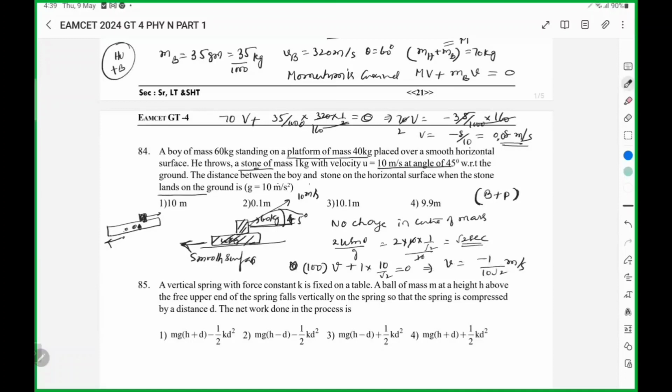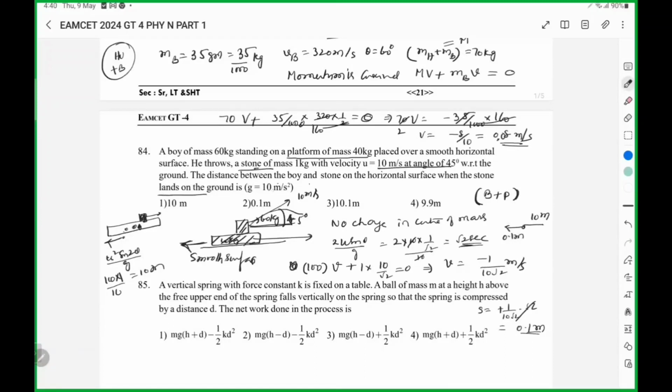The minus indicates it moves towards the left. In root 2 seconds, the distance traveled is 0.1 meters. The stone's range is u squared sin 2 theta by g, 100 into sin 90 by 10, which is 10 meters towards the right. The boat travels 0.1 meters.